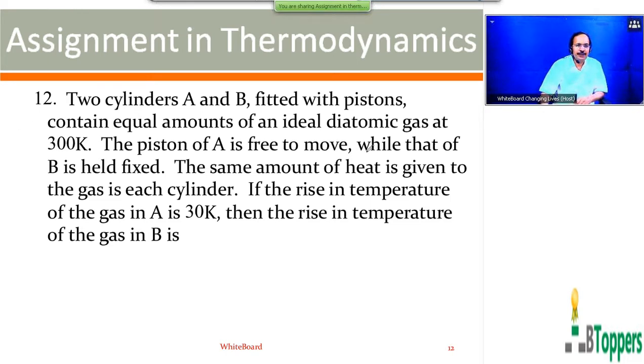Two cylinders A and B fitted with pistons contain equal amount of ideal diatomic gas at 300 Kelvin. The piston of A is free to move, while that of B is held fixed. The same amount of heat is given to the gas in each cylinder.